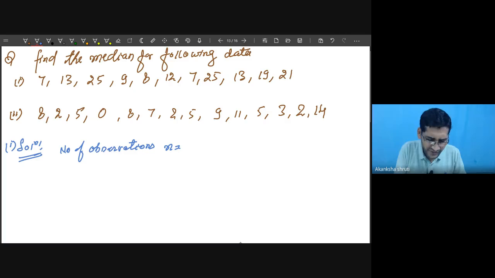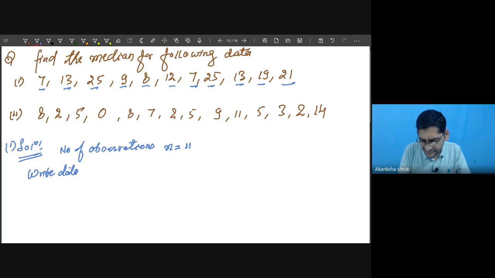So count it: 1, 2, 3, 4, 5, 6, 7, 8, 9, 10, 11 I have taken. Okay, so it is 11. After writing n, you have to write the data in ascending order or descending order.